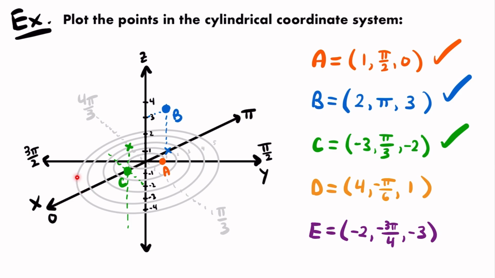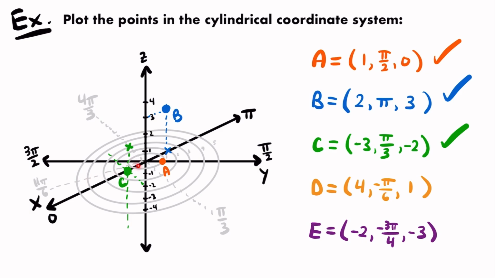So we would go negative pi divided by 6 in this direction, which, if this is 0 or 2 pi, because that would represent a full circular motion, you could just subtract pi divided by 6 from 2 pi to figure out what angle that would be. And 2 pi is the same as 12 pi divided by 6. So if you subtract 1 pi divided by 6, that takes you to 11 pi divided by 6. So our angle here is 11 pi divided by 6.